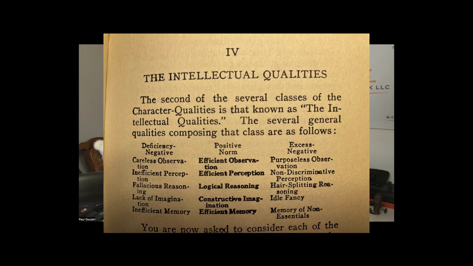Efficient memory. Efficient memory consists of the efficient purposive employment of the faculty of memory, the direction of the powers of memory to some definite useful purpose and end, according to the true principles and methods governing the employment of the processes of memory. The importance of an efficient memory need not be urged here.